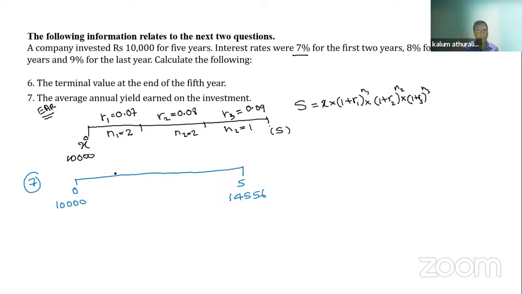Now we want to find the average annual yield. That means if it has a common interest rate for the whole period, then what should be the R?